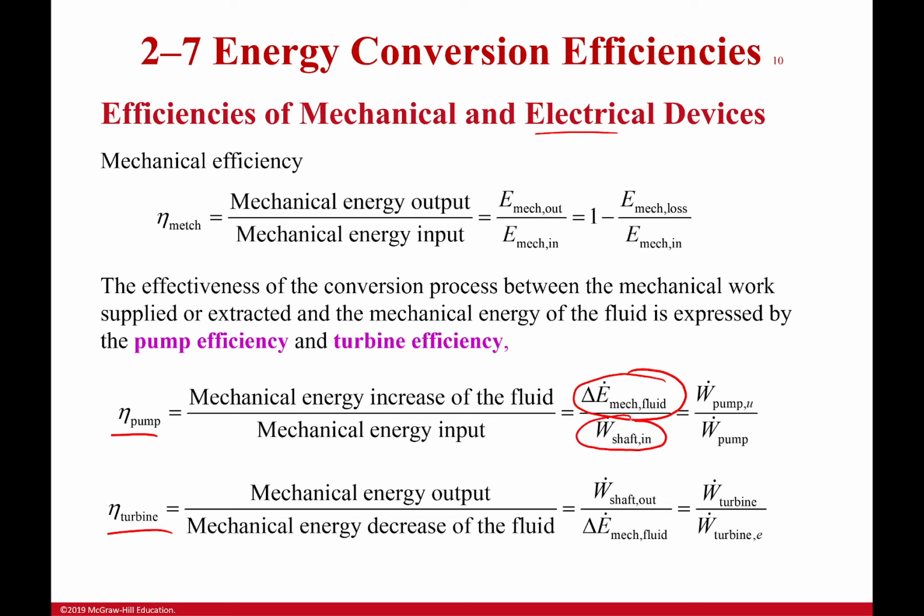For a turbine, you're trying to use energy from the fluid to output work. So how much of the fluid's energy were you able to use? And if you look at here, you'll notice that these are exactly the opposite. Wouldn't one be more than 1? No, because I can't just magically connect a pump to a turbine and say it's going to go on forever. I'm going to lose energy both ways. I can't get all the energy back out of the fluid to make work. I can't get all the work to put energy into the fluid. So it will constantly be losing energy as I go through the cycle.